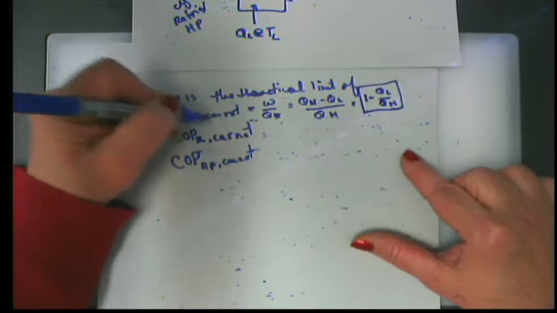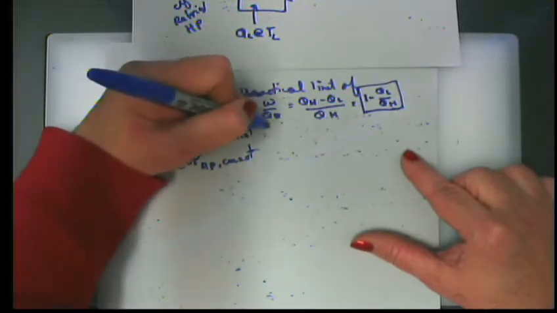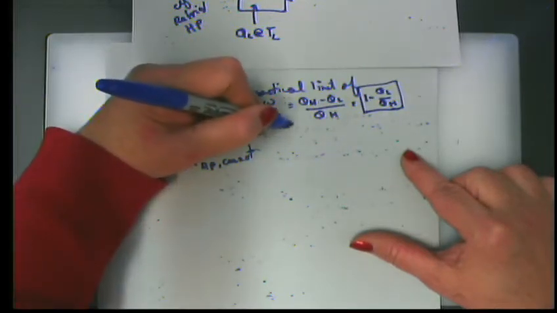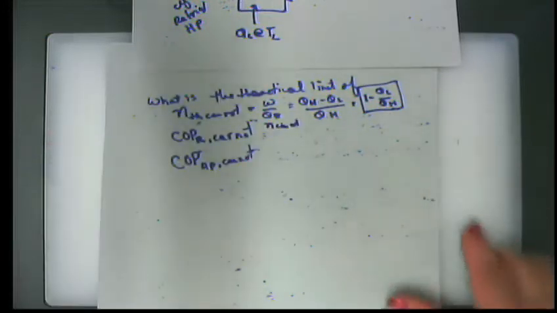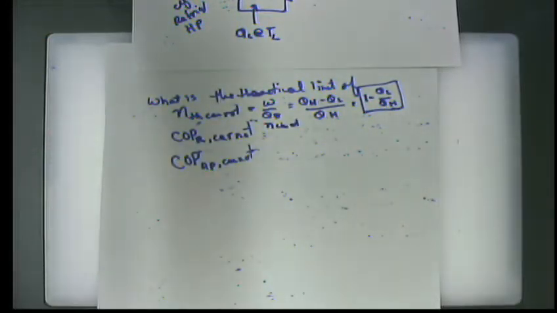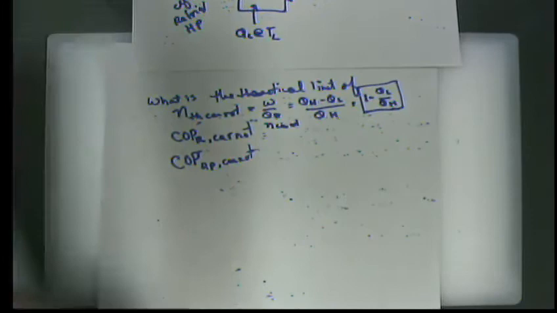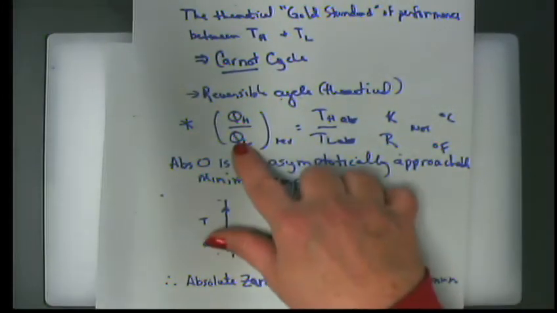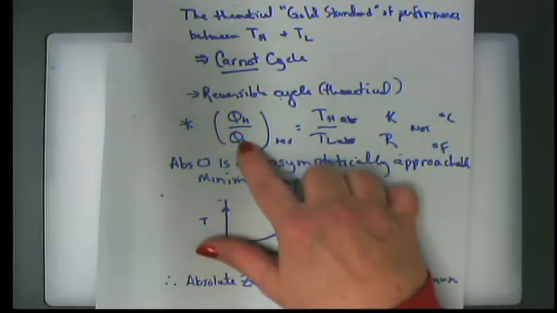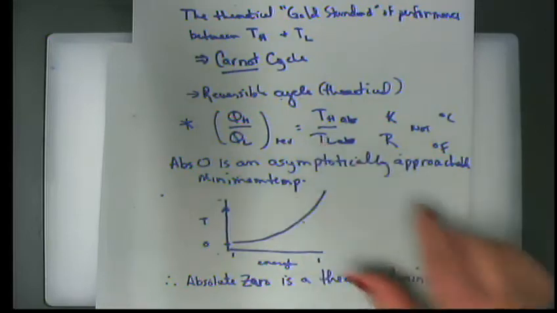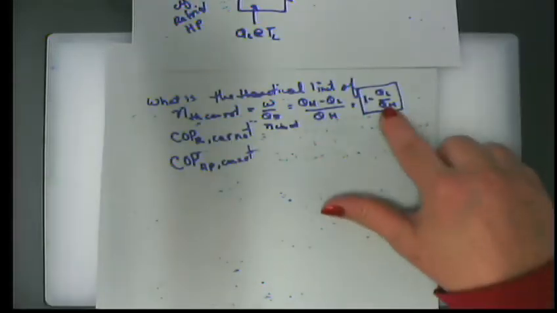Okay? But now for a Carnot cycle only, because I introduced, sort of without proof, the idea that for a reversible cycle, we have this relationship where the ratio of the heats are the same as the ratio of the absolute temperatures.